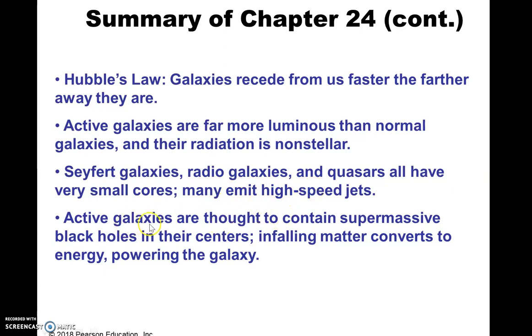We think what's causing this is supermassive black holes at the centers, and the matter in the accretion disk, where heat is produced as the accretion disk spins around very quickly. That heat gets turned into energy, and that's how these things are considered active galaxies.